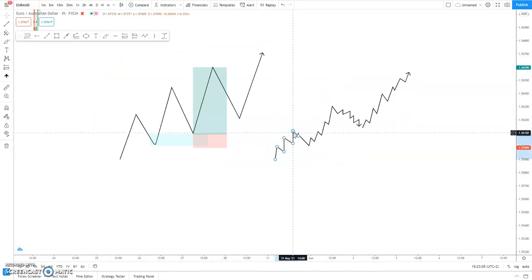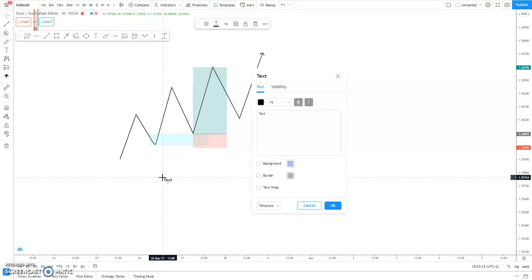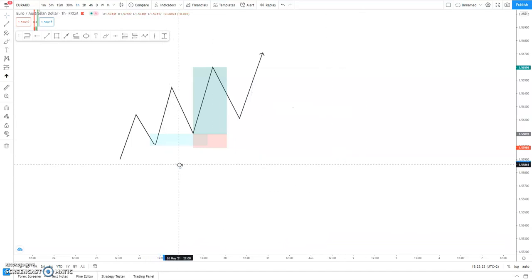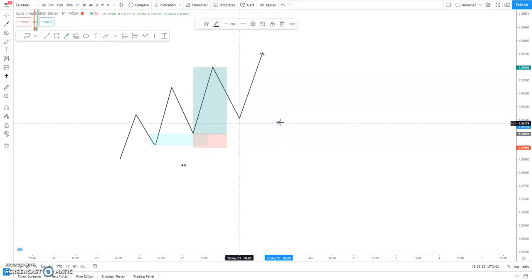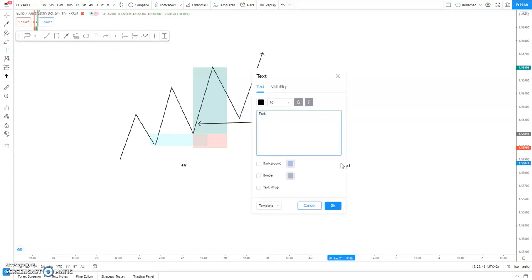So you'll go down to the 15 minute. Let's say this is your 4 hour, and within this move there's your 15 minute or 5 minute.